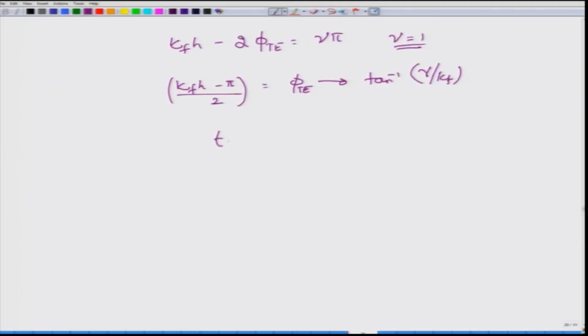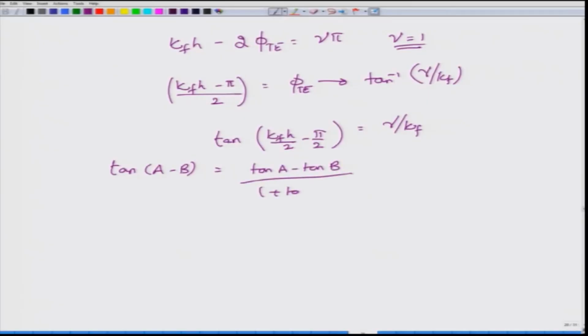So, putting all this together, I get tan of (kappa f h by 2 minus pi by 2) is equal to gamma by kappa f. Now, you can use an equation for tan of a minus b to simplify this expression, and if you do not remember it, tan of a minus b is equal to tan a minus tan b divided by 1 plus tan a times tan b, with a equals kappa f h by 2 and b equals pi by 2.